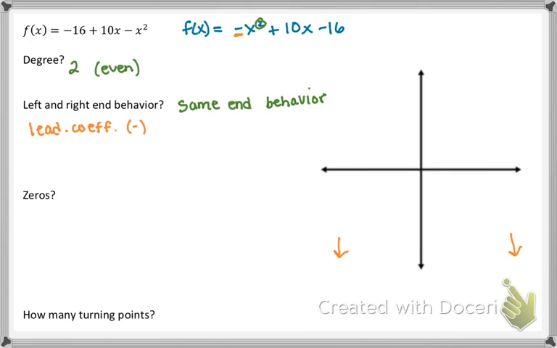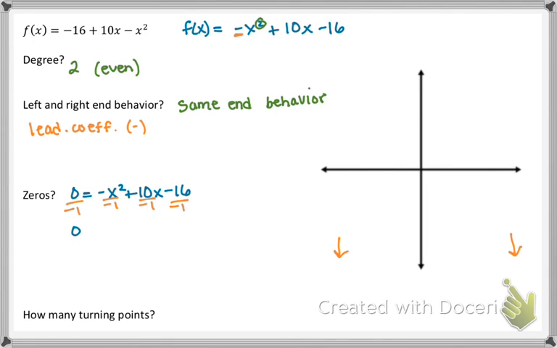And so again, let's find the zeros, the x-intercepts, by making y equal to 0 and trying to solve for x. Before we factor, we can factor out a -1, up to you. I'm going to divide every term by -1 just so I don't have a negative x squared.